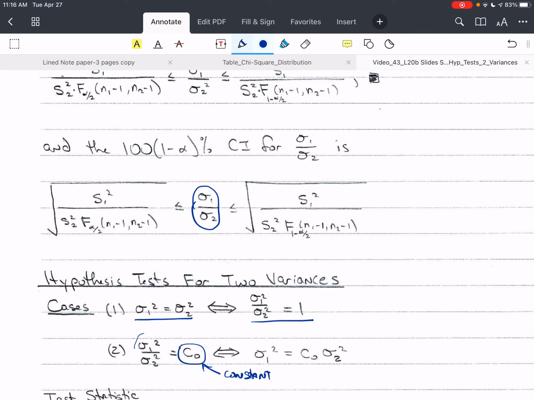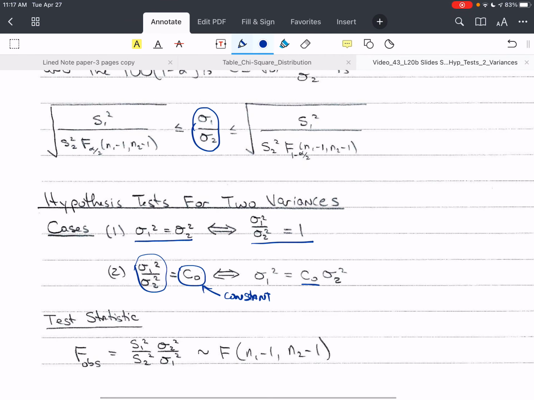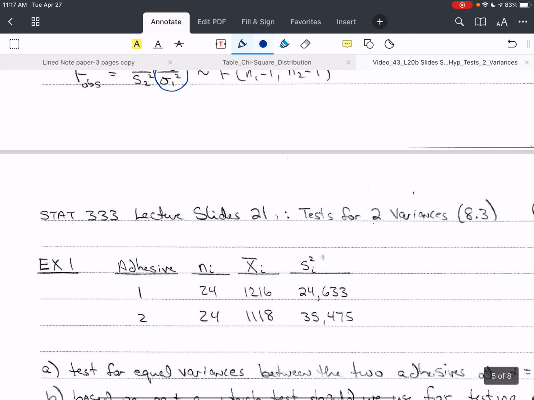Then this ratio equal to that value means that it's the same thing that sigma 1 squared is C naught times sigma 2 squared. Okay? So our test statistic is going to be S1 squared over S2 squared times sigma 2 squared over sigma 1 squared, the inverse. So kind of different, and we've shown that that's an F distribution.